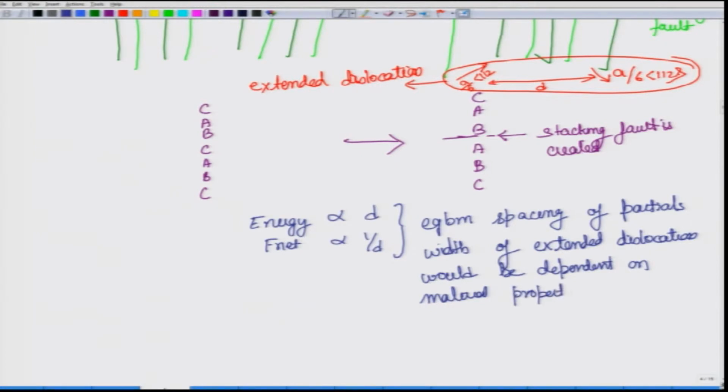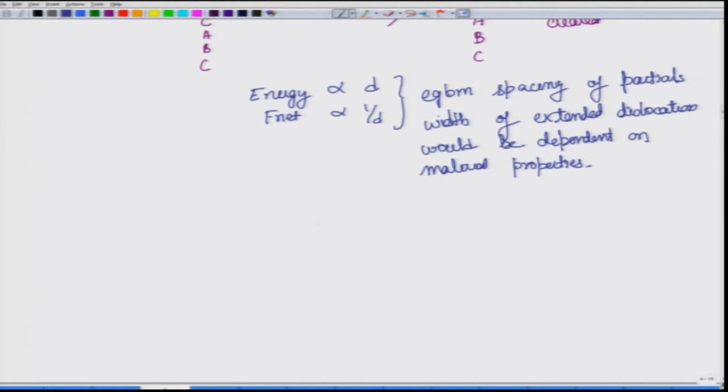And it is not very difficult to show that this width would actually be proportional to Gb² by 4 pi gamma. And what is gamma here? This is the stacking fault energy.